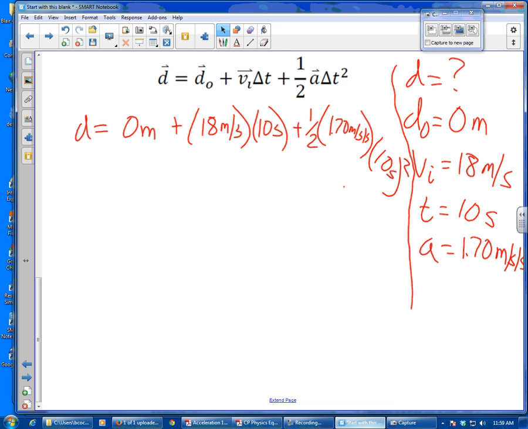All right. So, let's see. I'm going to do the math and the little parts first, right? So D equals, at 0 meters, I can just forget about that. 18 meters per second times 10 seconds becomes 180 meters. Well, what if I'm taking 0 and I'm adding things to it, how much is it going to affect?